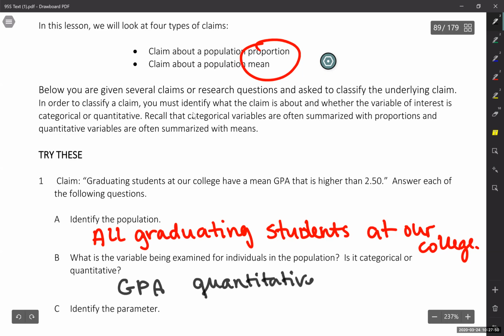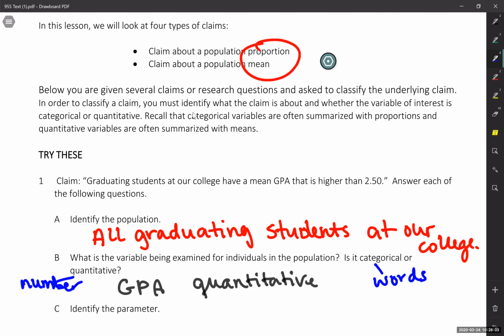So just as a reminder, quantitative is a number, and categorical is categories or words. And so, yes, GPA is words, but it's words that describe a number. And here we have our number 2.5 that we're comparing it to.